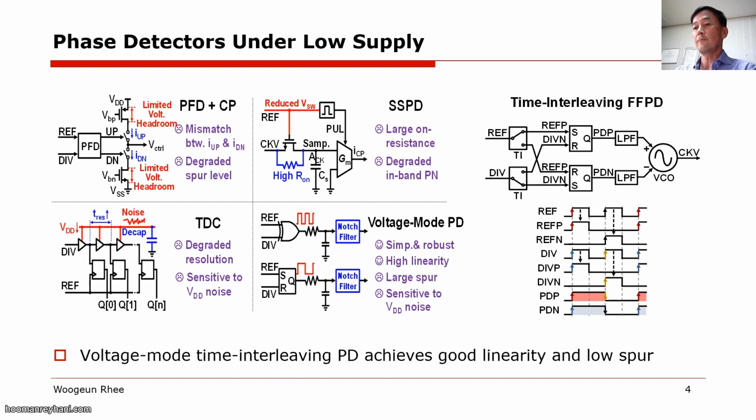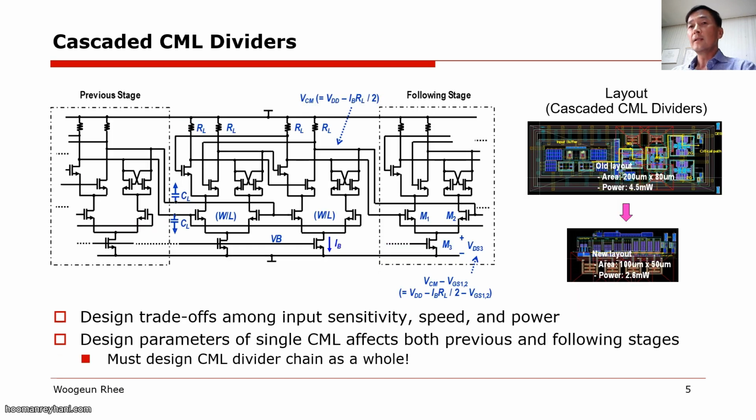And then CML divider. Based on my experience, this is one of the building blocks that has a huge gap between the product level design and the research level design. Simply speaking, the power number claimed in the paper may not match well with the real product level design.